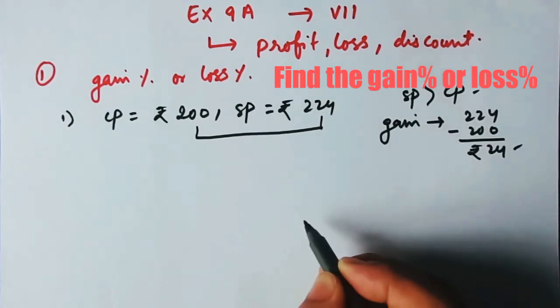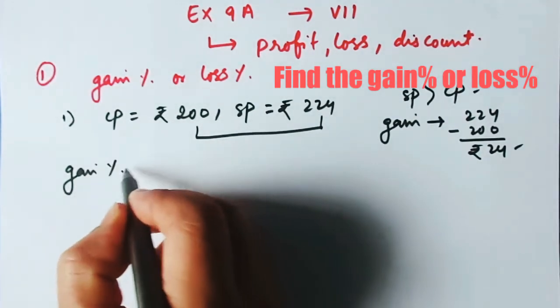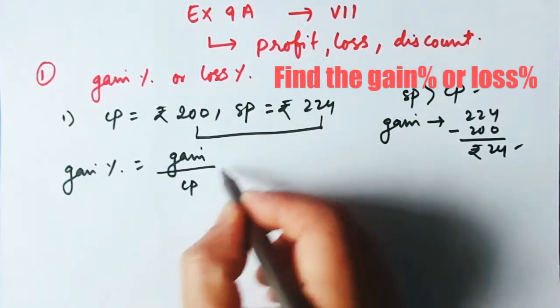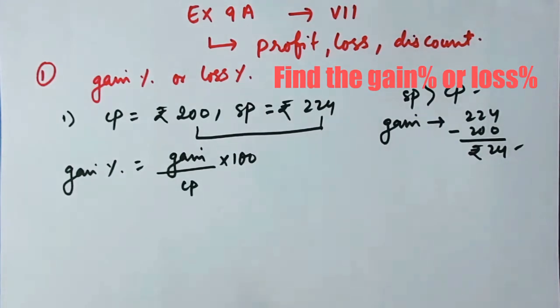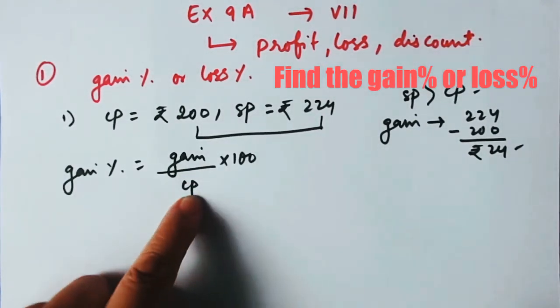So the formula to find gain percent is gain by CP into 100. That is, gain or loss percent will always be calculated on the cost price.